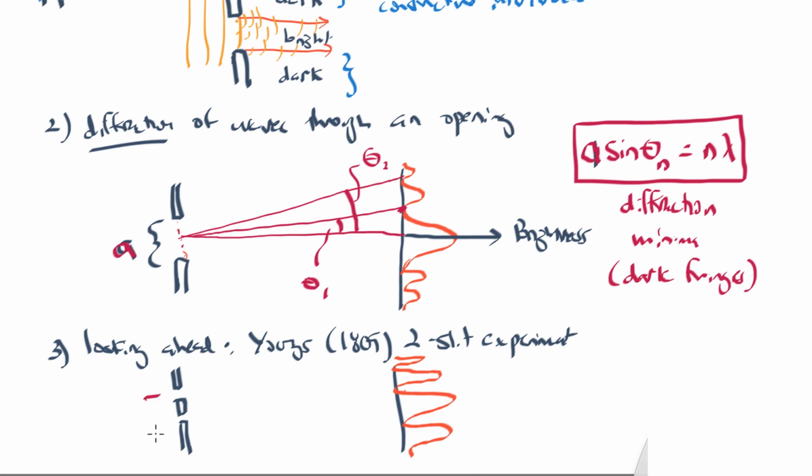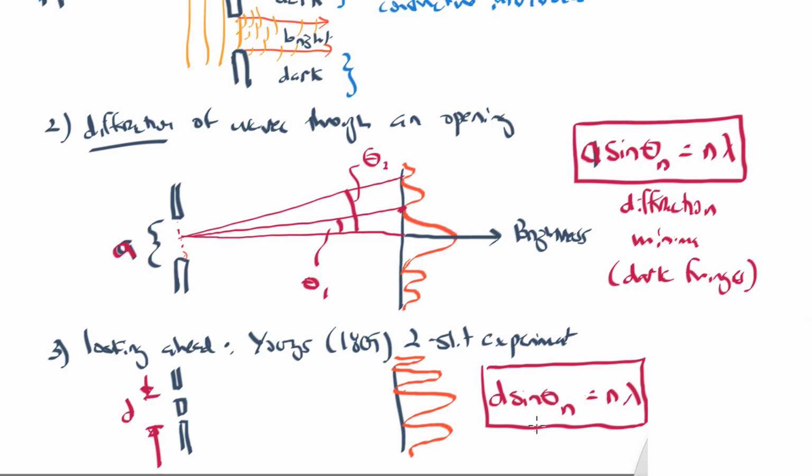If D is the spacing between these slits, you'll get a formula that looks like D sine theta n equals n lambda. But, and this is important, this formula gives the location of the interference maxima. And again, I haven't demonstrated this to you here, I'm just telling you what it is.